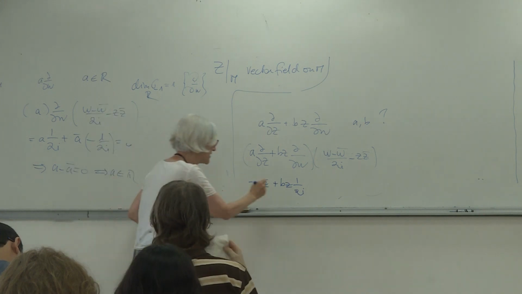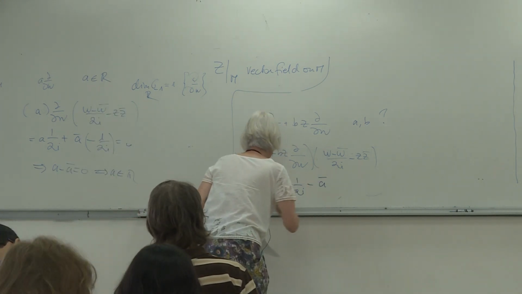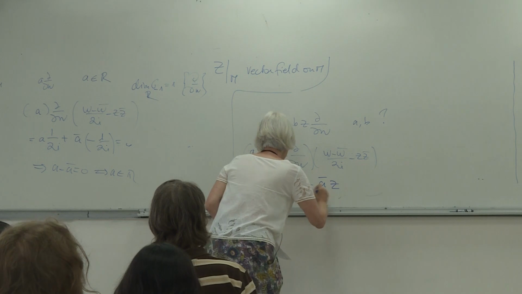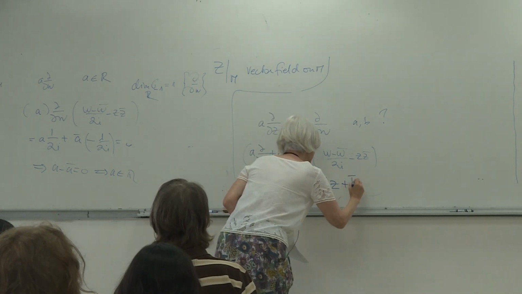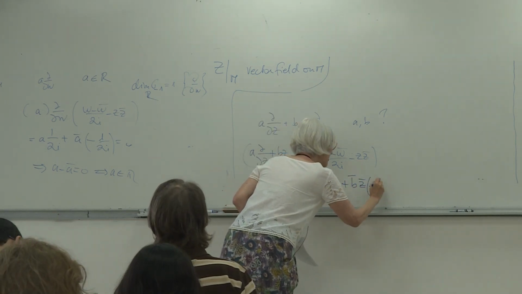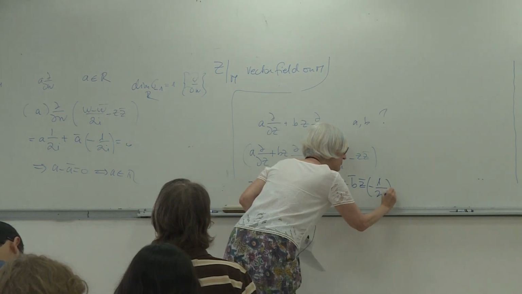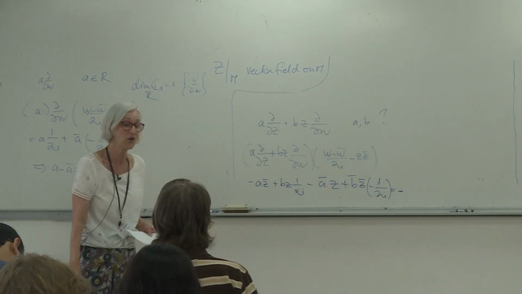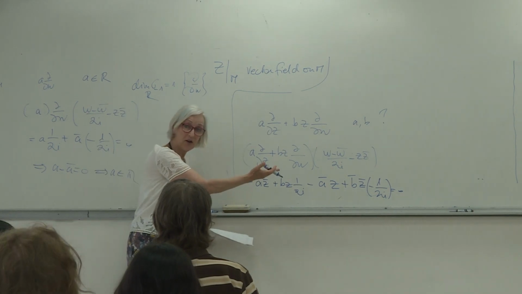And now you have to take the conjugate, which is minus A bar Z plus B bar Z bar minus 1 over 2I is equal to 0, right? Is it correct? You just take the real part of that.